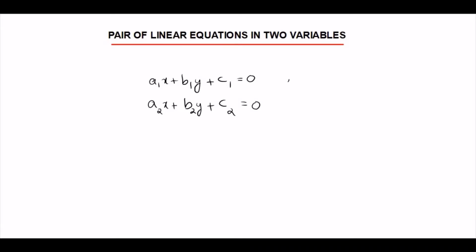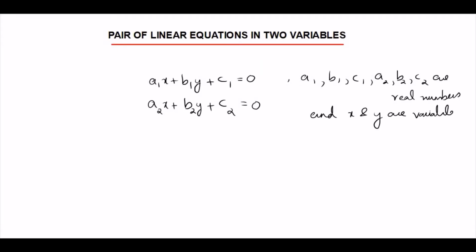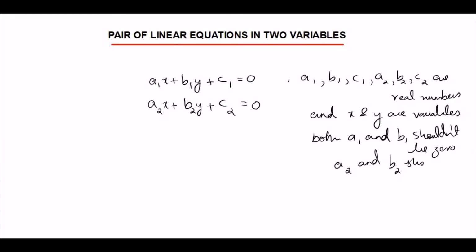Here a1, b1, c1, a2, b2 and c2 are real numbers and x and y are the variables. The condition is that a1 and b1 should not both be 0. Similarly, a2 and b2 should not both be 0.